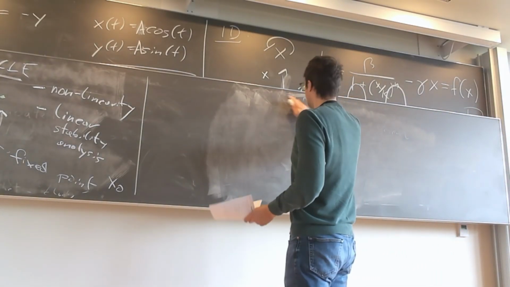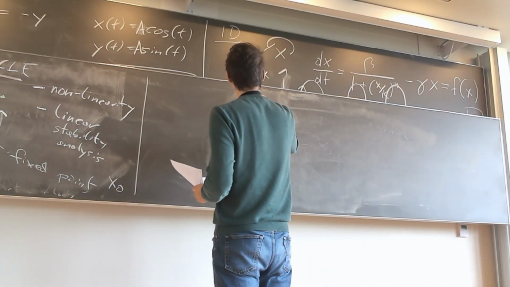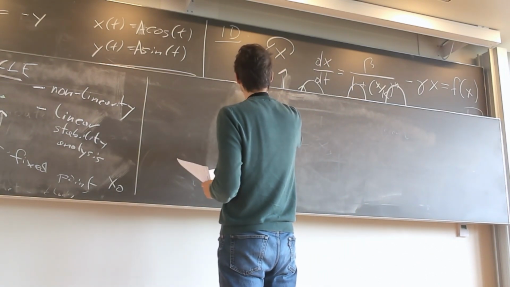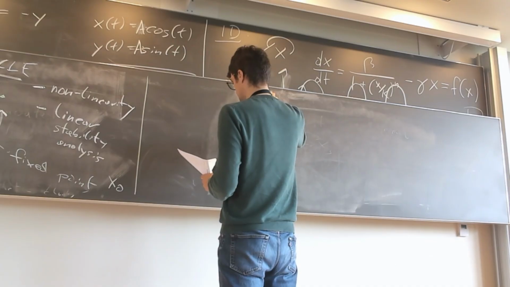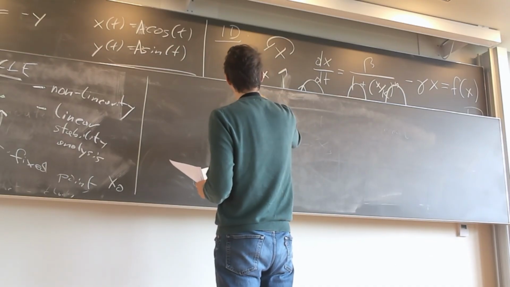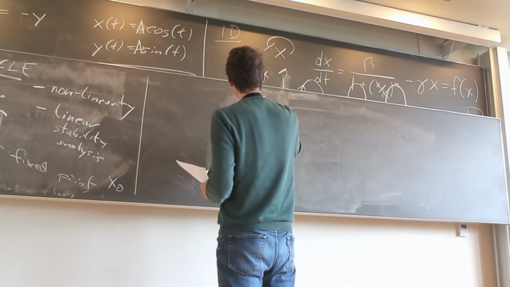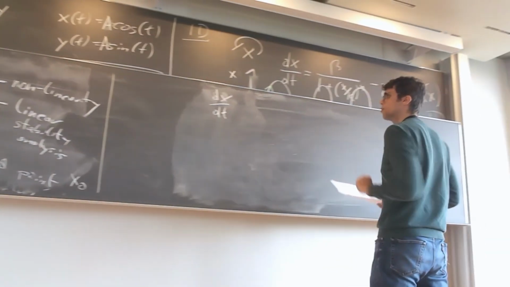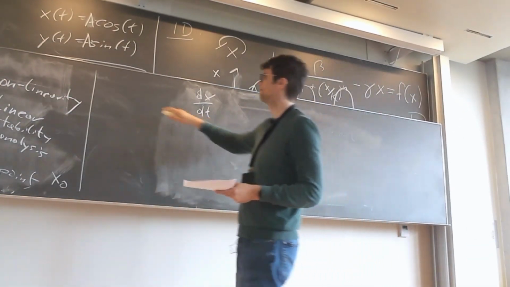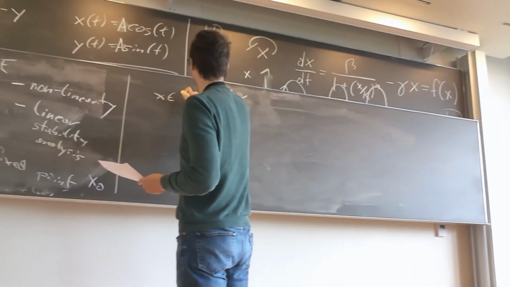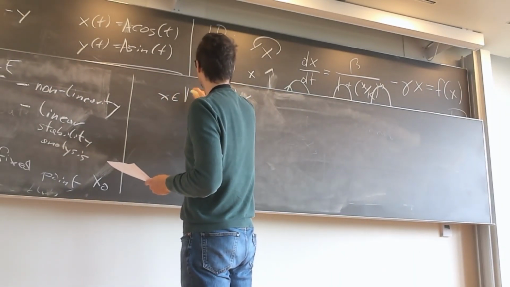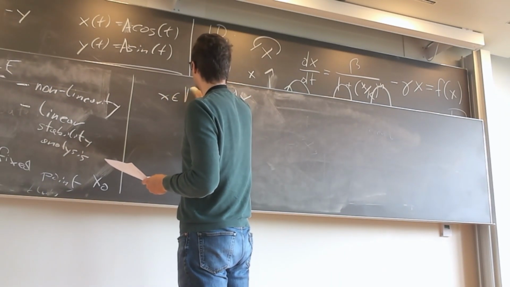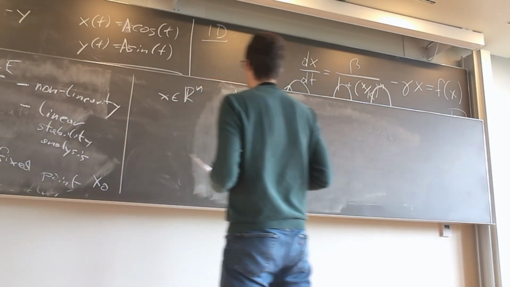OK, so how do you do that? So we would like to write something, let's say dx by dt is our differential equation, and now x can live in a multi-dimensional space.